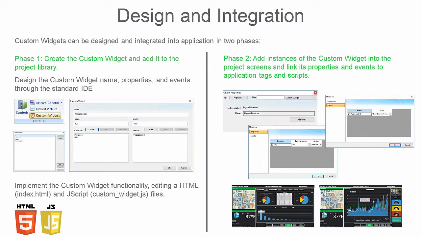Consuming a custom widget once it's created is as simple as consuming an ActiveX control or even another native control from InTouch Machine Edition. You just drop it on the screen and link tags and scripts to the properties and events from the control. So again, once phase 1 is done once, phase 2 can be reused over and over on the same application or even in different applications.